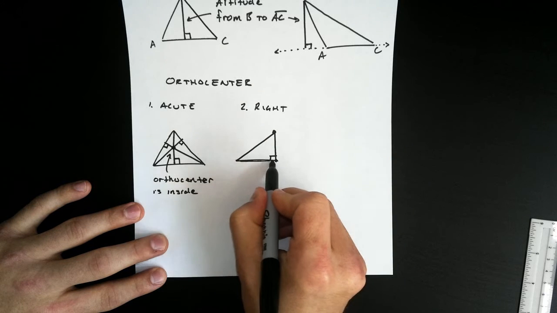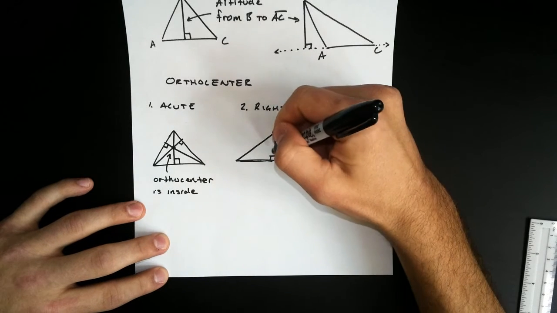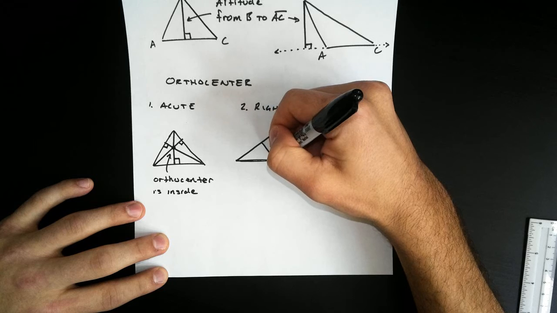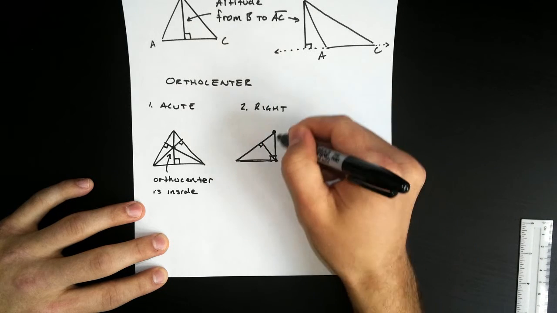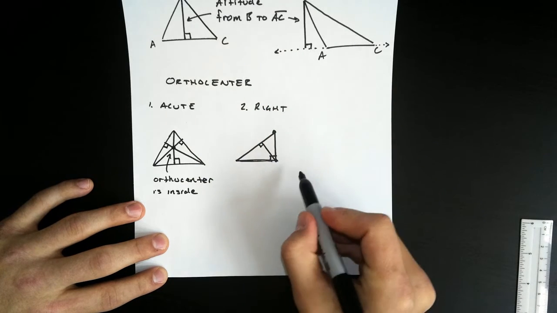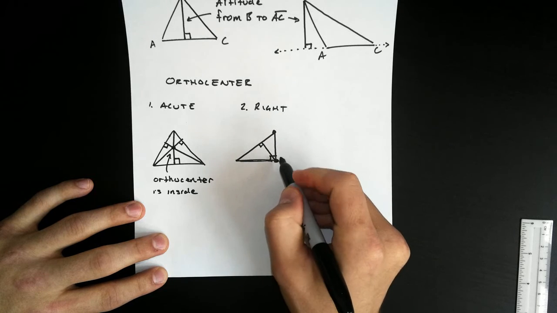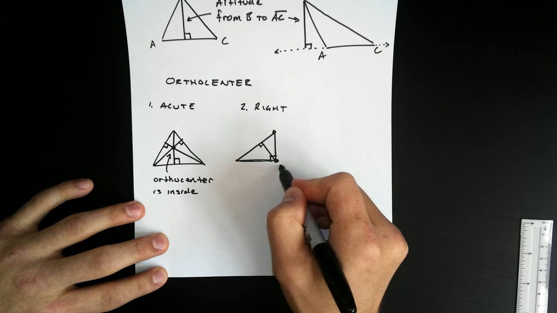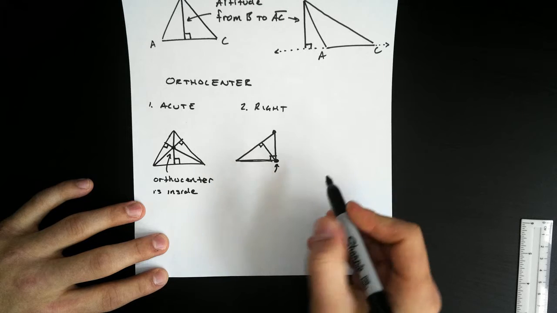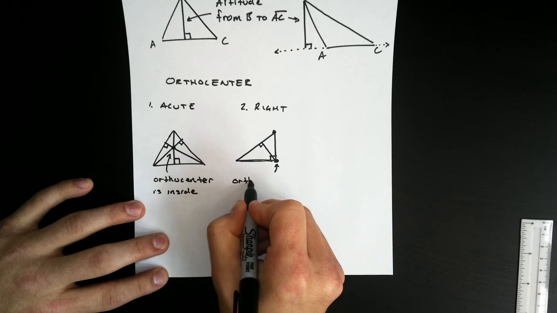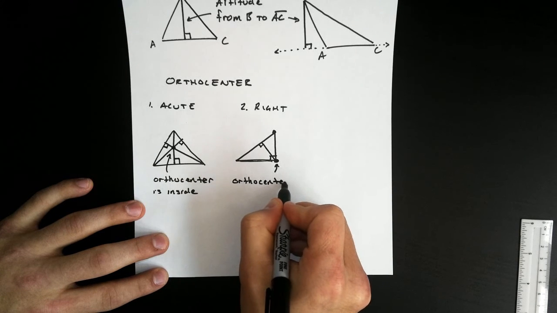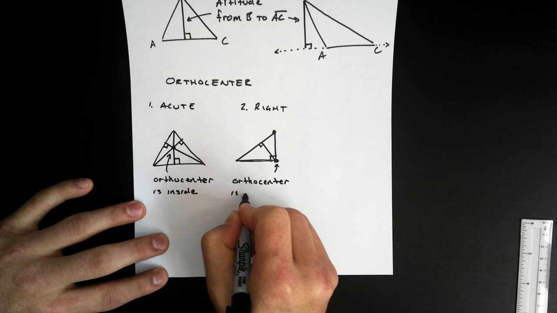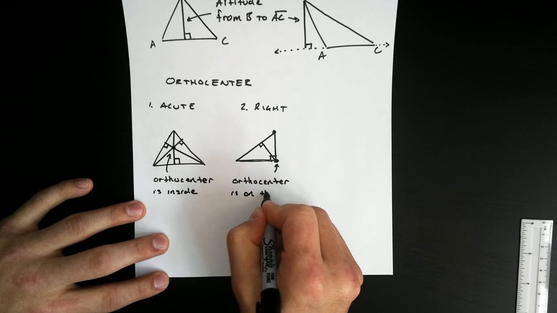And the same thing going with this side here. The third one is we go from this vertex, making a right angle on the hypotenuse of the triangle. But our orthocenter is on the triangle. It's on the right angle. So that is our orthocenter. So the orthocenter is on the triangle.